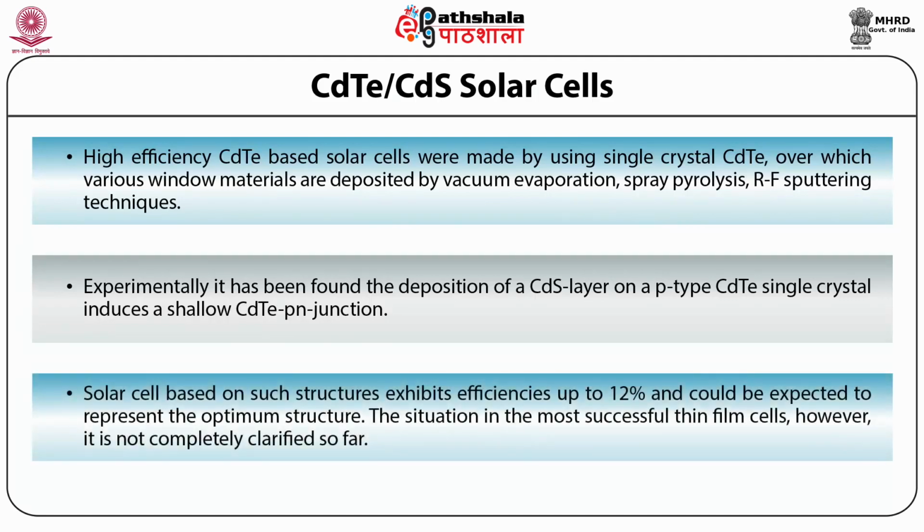Solar cells based on such structures exhibit efficiency of up to 12% and could be expected to represent the optimum structure. The situation in the most successful thin film cells, however, is not completely clarified so far.